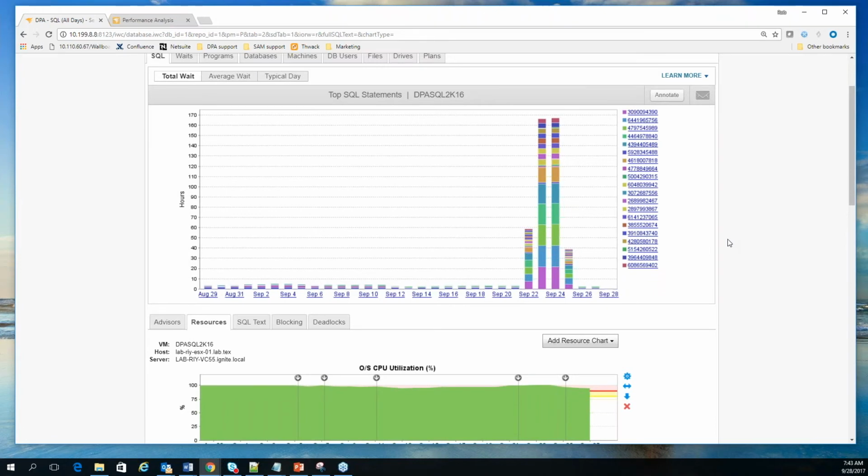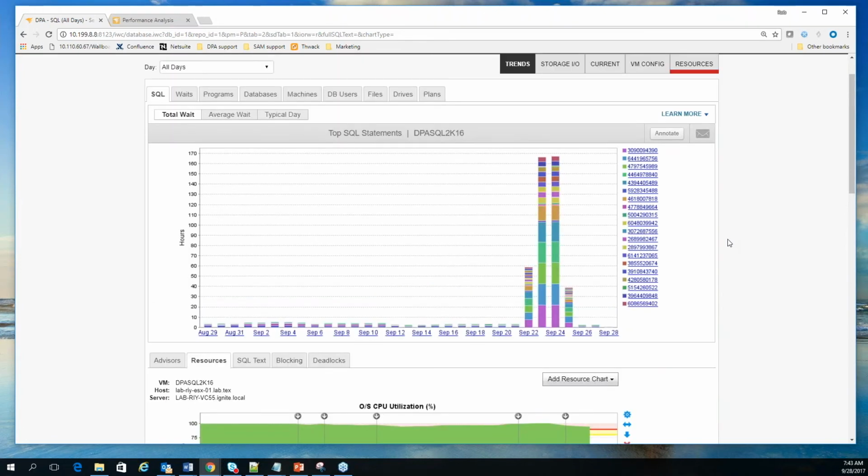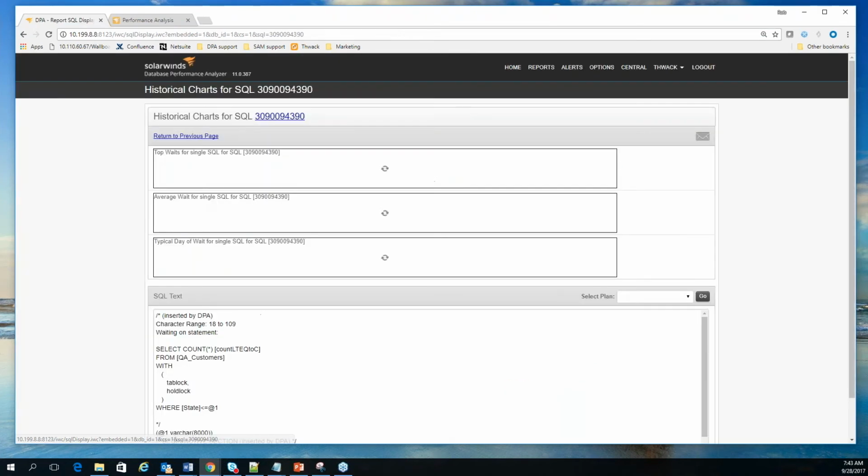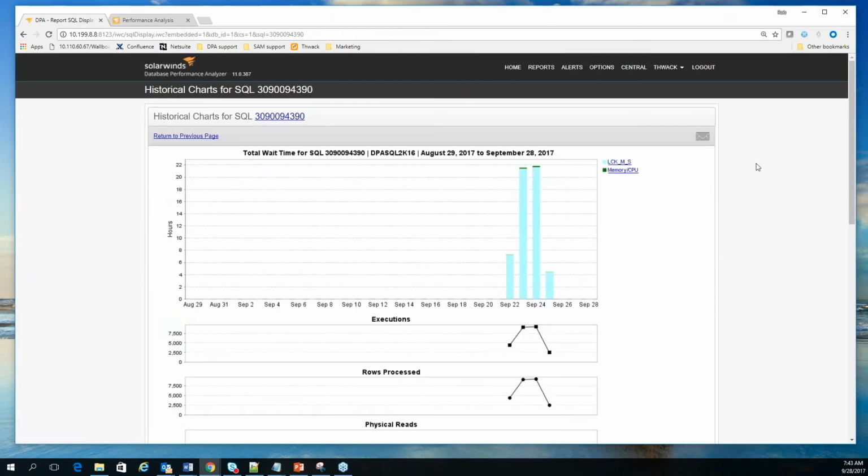We have a historical chart, so for any given SQL, if you want to view the historical chart, it will tell you when it was introduced in your environment, what kind of wait time it is experiencing, how many executions, all those statistics, right? Rows processed, logical reads, physical reads, things like that.